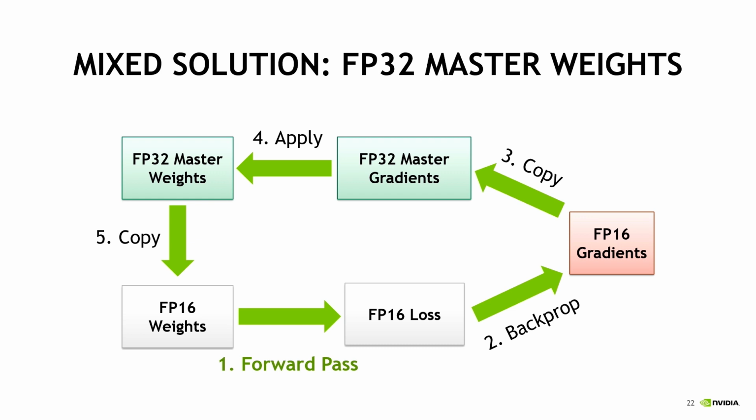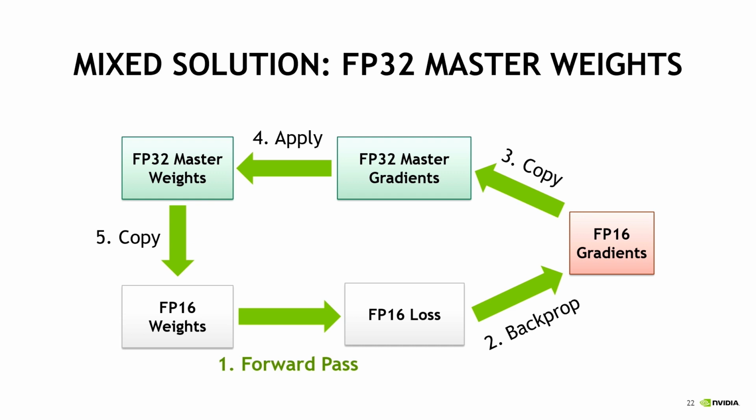That 0.0001 is too small compared to the 1. But it is representable in FP16. So we do have 0.0001 represented in FP16. We have 1 represented in FP16. We want to add those two values together. We want to add them in FP32.